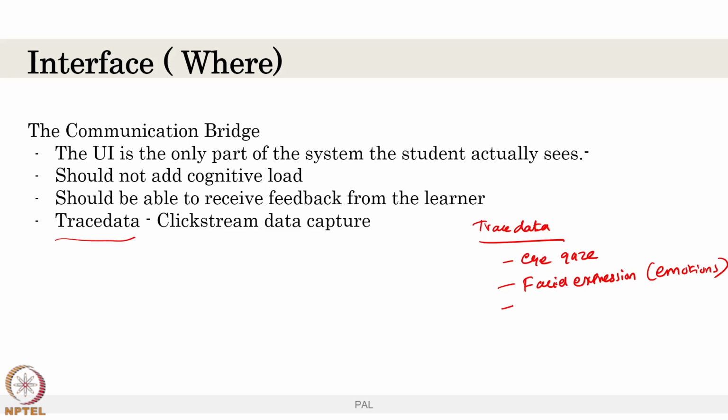But by clickstream data we mean that all the clicks the learner performs can be captured. The clicks include when the student logs in, the time they spent on each action, and the type of action.